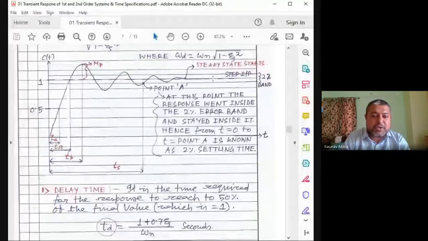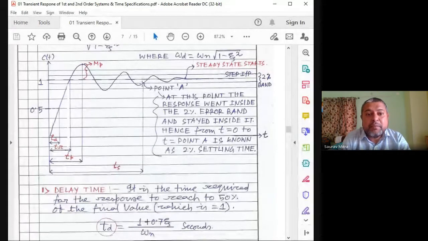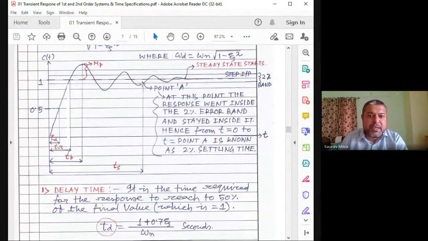So what is called 5% settling time? It means there is a 5% error band. A 5% error band means the lower value will be 0.95 and the higher value will be 1.05. Whenever this waveform enters this 5% error band, and you are finding that it never exceeds it.